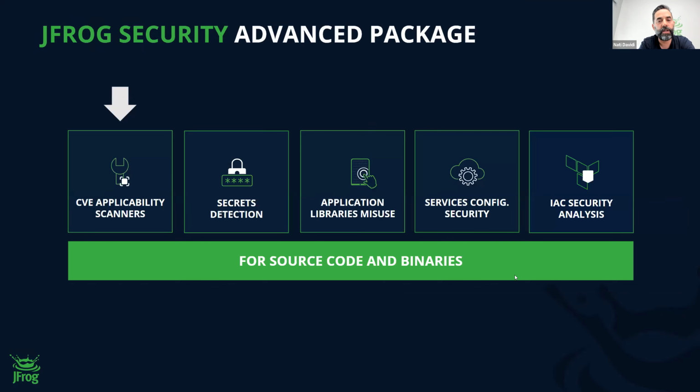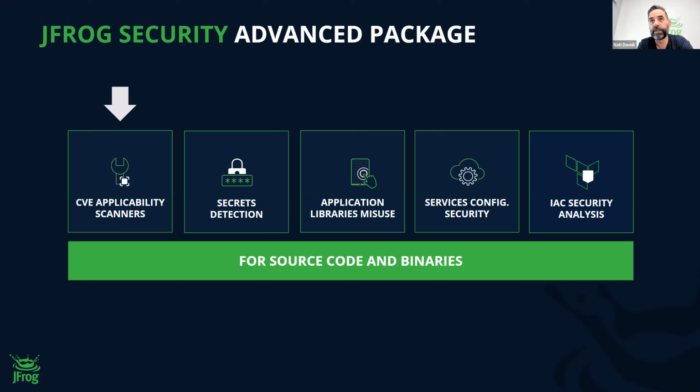This is part of our basic package. In the advanced package, we take the approach that Shachar just introduced of understanding the real-world impact, and run what we call applicability scanners. The applicability scanners take the CVE and check whether the environmental terms allowing exploitability are being met. So if there is a specific configuration in the package that will allow or not allow the exploitation, the applicability scanners will automatically identify it.